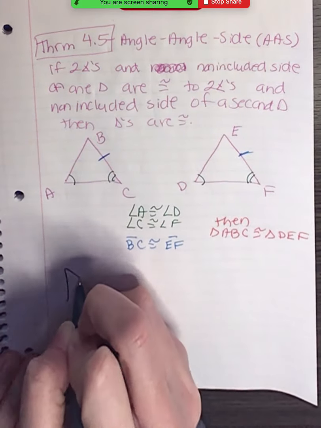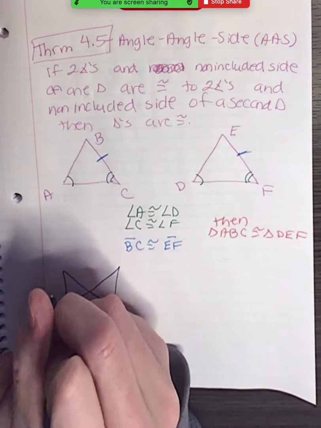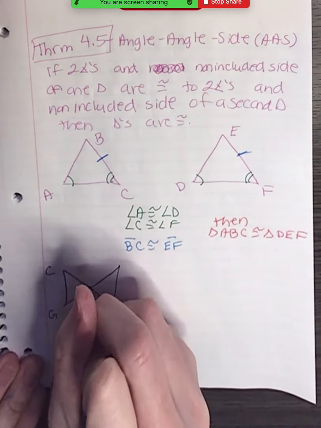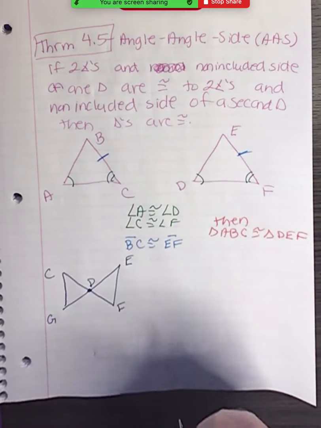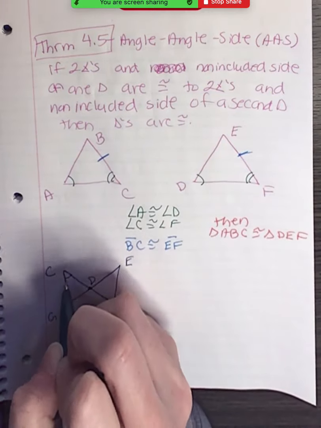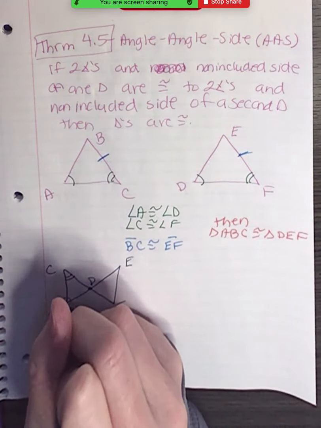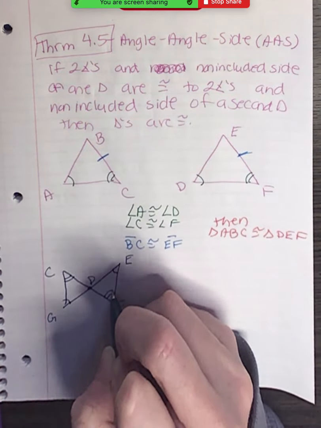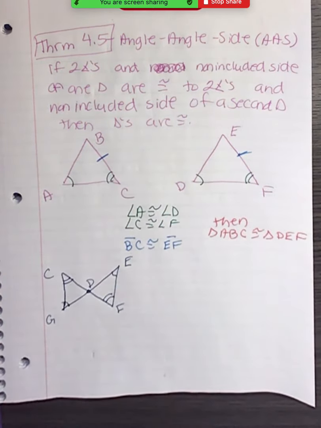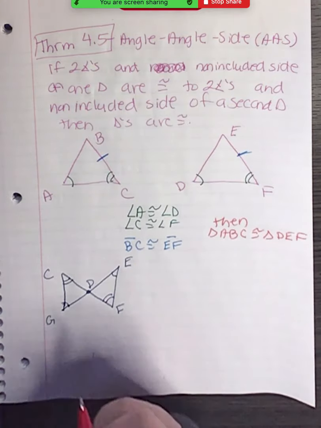So if I give you C, G, D, E, F, and I mark it 2 marks on angle C, 1 on G, 1 on E, and 2 on F. We want to decide if there's enough to show these triangles are congruent. So first, we know nothing about the sides.